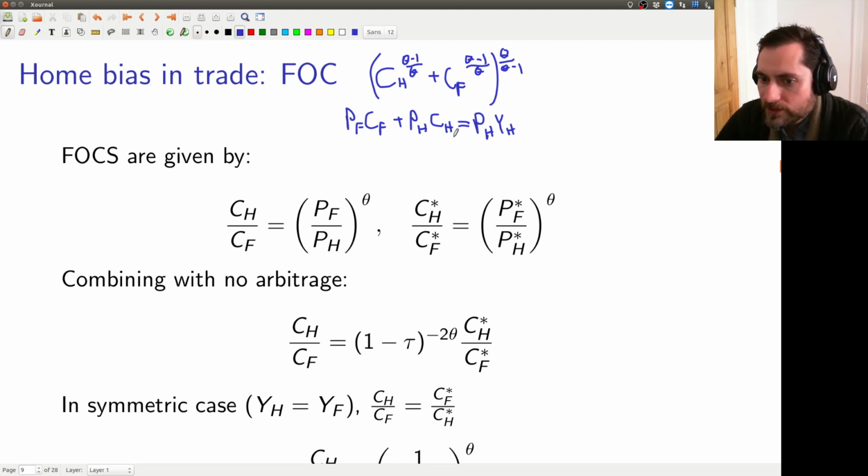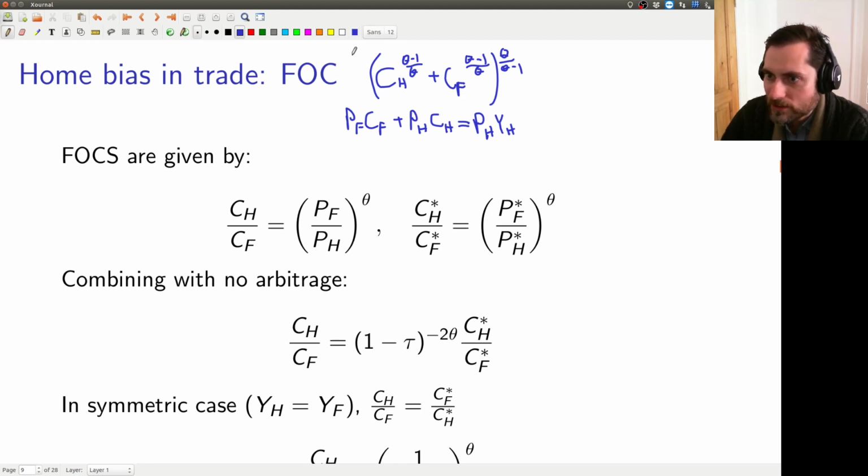Okay, so let's solve this thing. I think the easiest way to do it is probably with the Lagrangian because we want to end up with these things, which will make it easier.